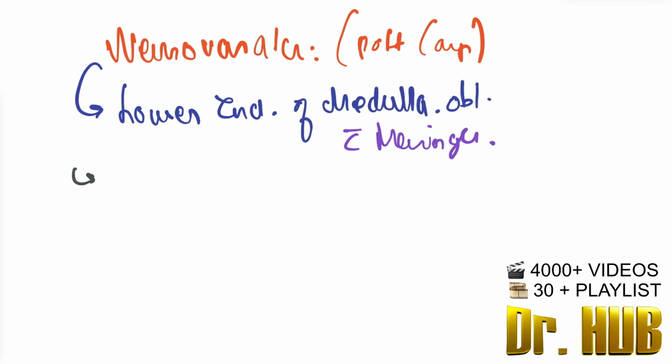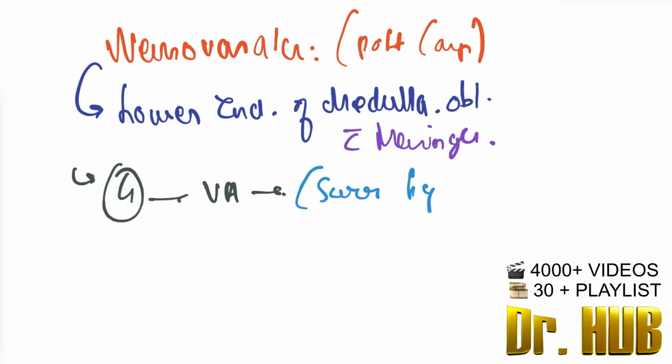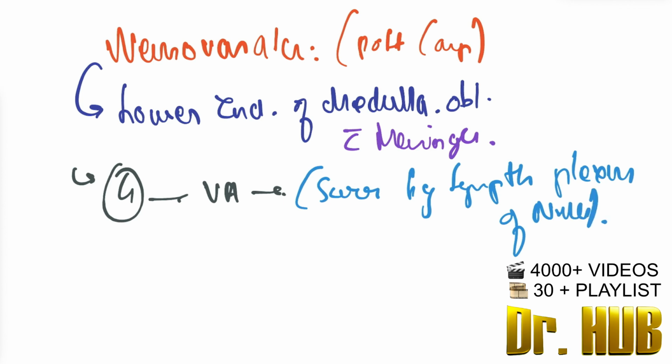Next is the fourth part of the vertebral artery, which is surrounded by the sympathetic plexus of nerves. Next are the spinal roots of the accessory nerves.